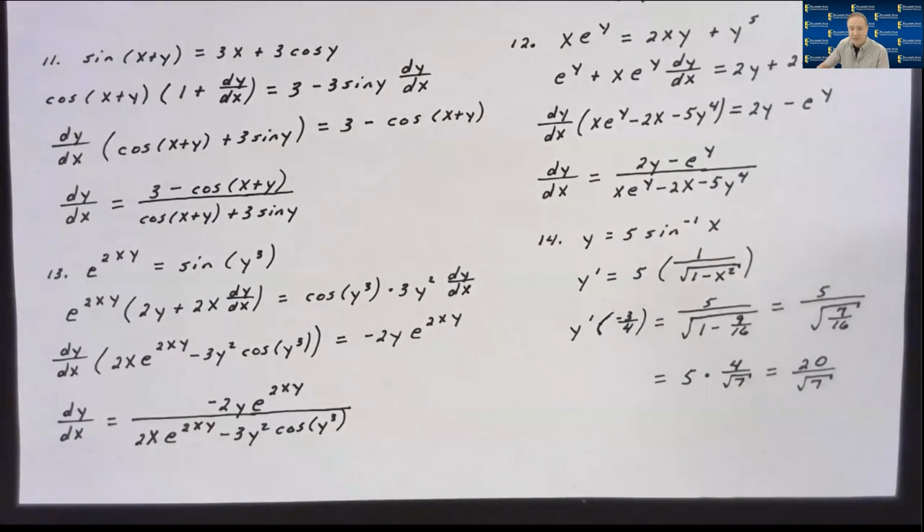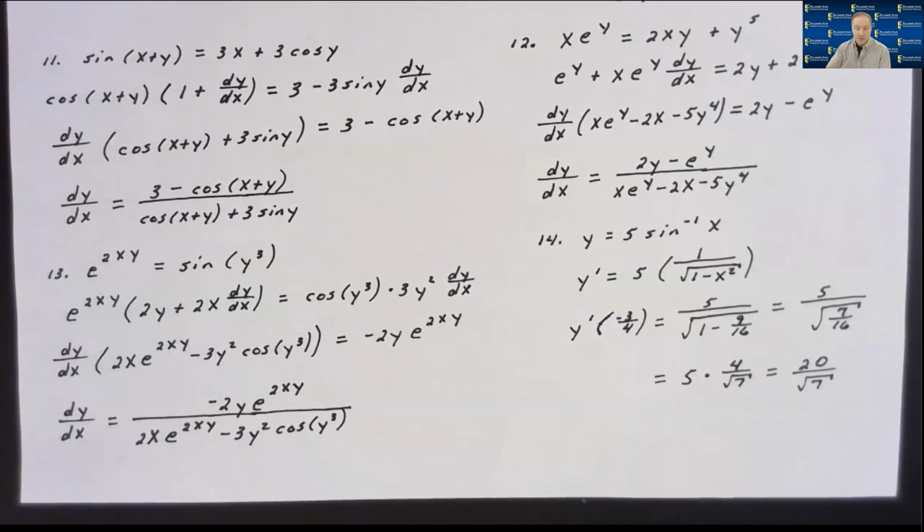Problem 14 is just getting into our inverse trig functions. And this is just a matter of having those inverse trig derivative formulas memorized. Inverse tangent of x: 1 over 1 plus x squared. Inverse sine of x has a derivative of 1 over the square root of 1 minus x squared. Inverse secant of x has the derivative of 1 over the absolute value of x times the square root of x squared minus 1. If it's the inverse cosine, it's just the negative of the inverse sine's derivative.